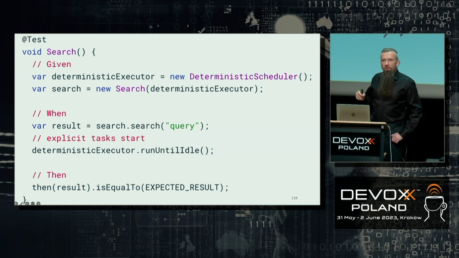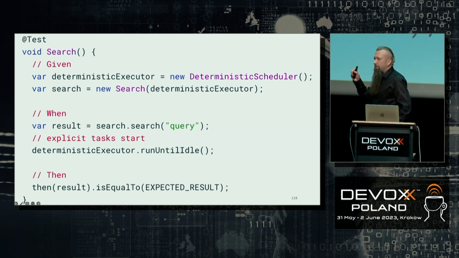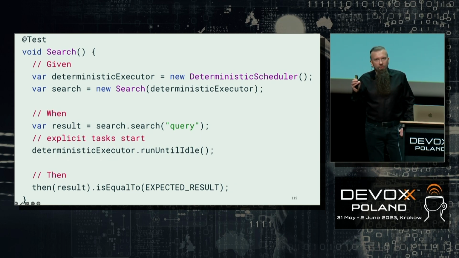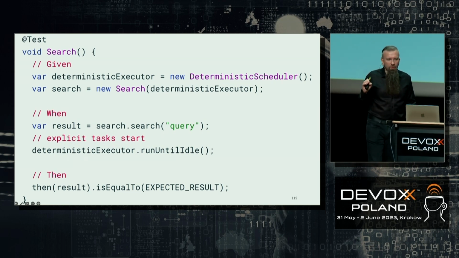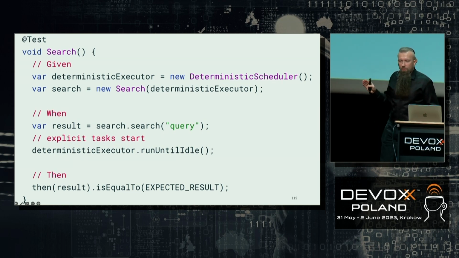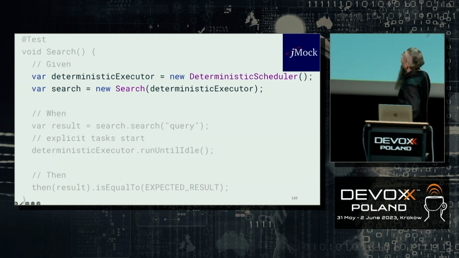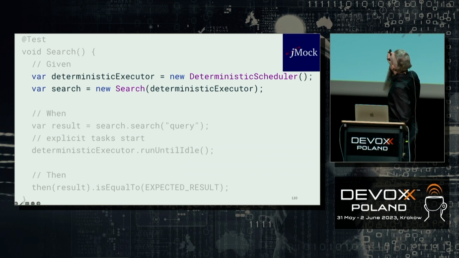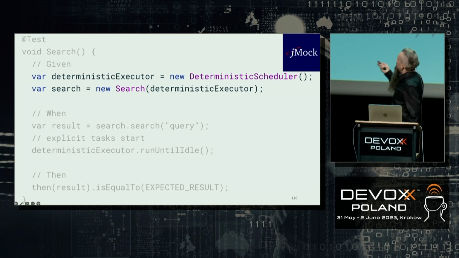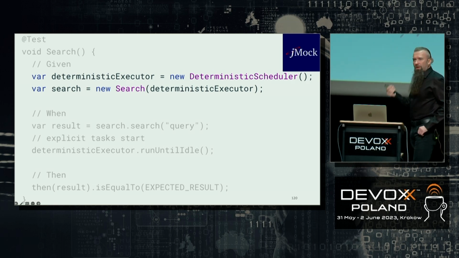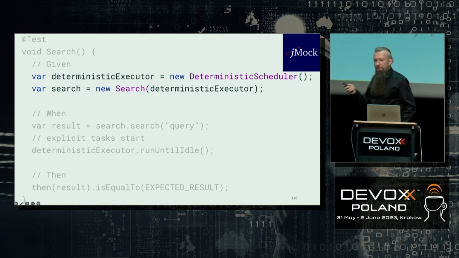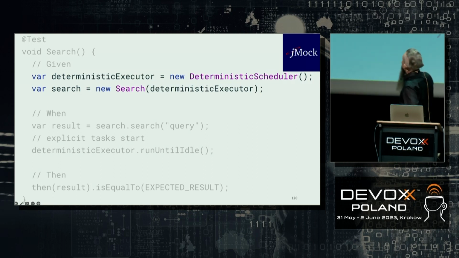And let's see, if we are going to test only some business logic for some kind of search behavior, and we would like to not mind the threading at this point, we can use, for example, from the JMock library, the deterministic executor, and in our search application, just use this executor, as I mentioned, as an explicit dependency.